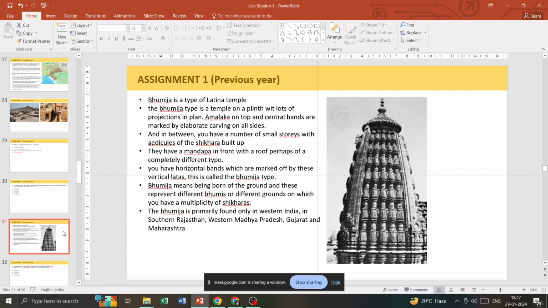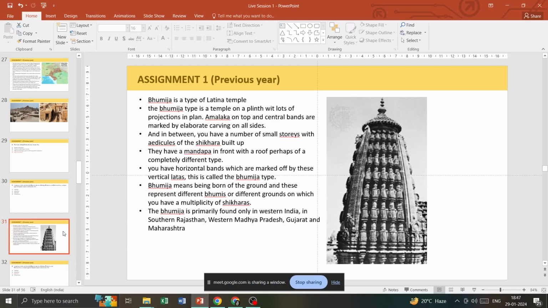Just like we talked about the South Temple or the Kutina temple, we talked about aedicules of huts, shalas and kutas. They were miniature versions of huts, both square and rectangular, shalas and kutas. In a Bhumija temple, you have aedicules of smaller shikhras.